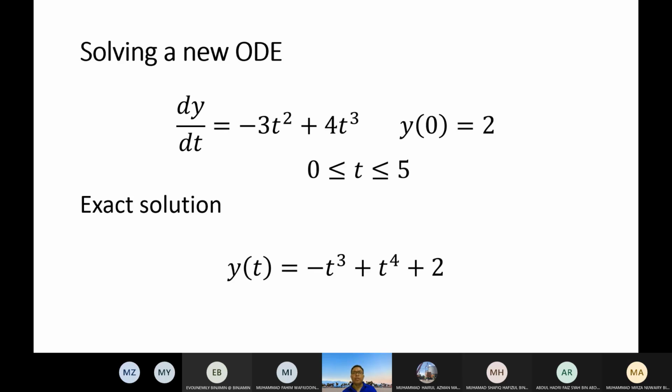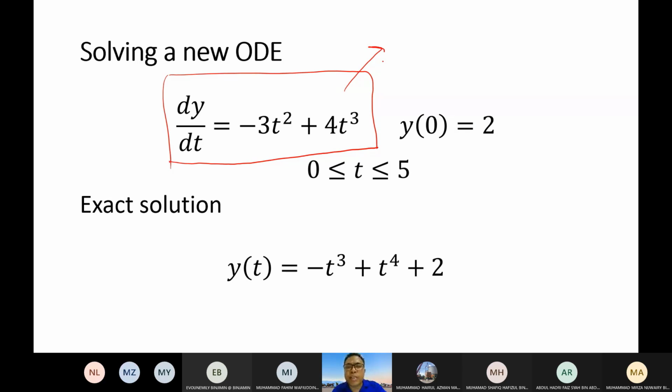Okay, so to demonstrate what we want to do, we have to solve one differential equation that is given here. This is my ordinary differential equation, which is dy over dt equal to -3 squared plus 4t cubed. So the solution, if you solve by using the exact approach, will be y with respect to t.